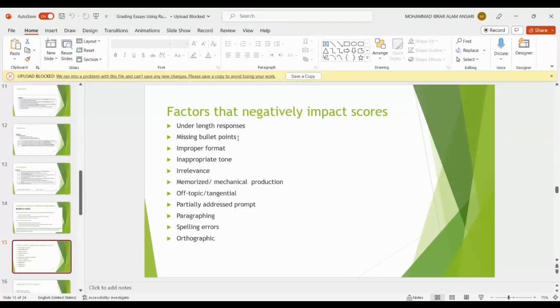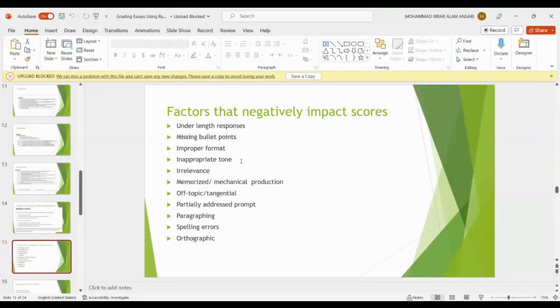If your students have written very well in terms of ideas, content and grammar, but the format is a problem, the format is important. Otherwise, things will get messed up, things will get mixed up. So proper format is very important. If an essay is written with improper format, it results in losing grades.